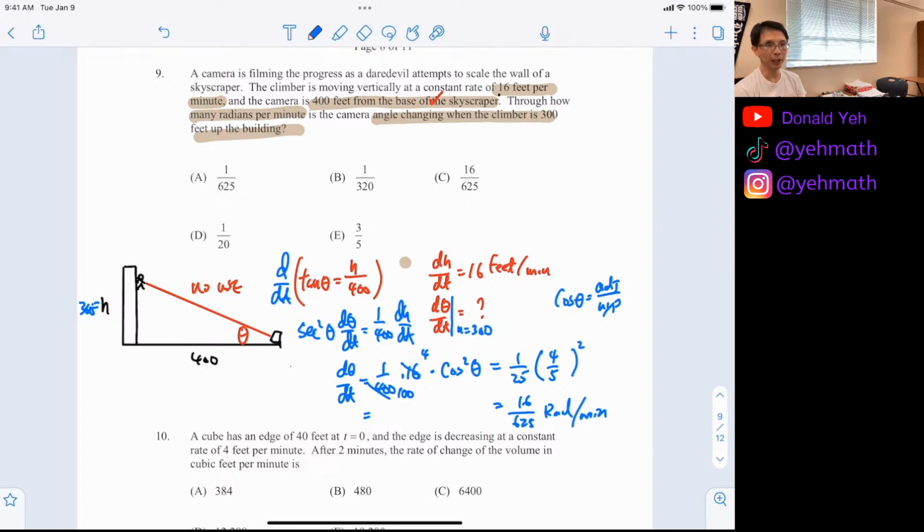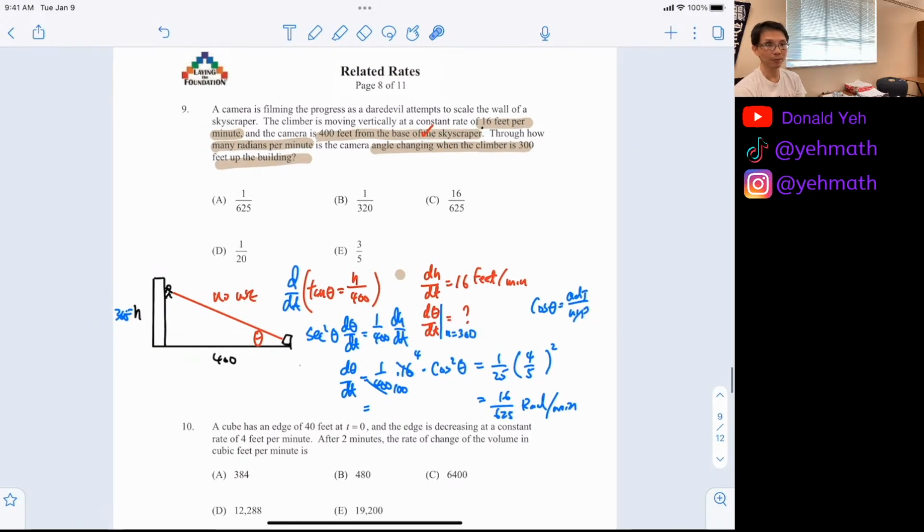It's still moving up. So you have to use a variable for that. That's why you have to use h instead of 300. Zach had the same problem. He plugged in 300 and tried to take a derivative, but you get nothing when you do that. You don't have a dH dt, which you need in order to solve the problem. So this one, 100% will be on the test.